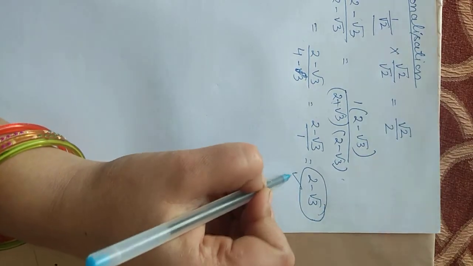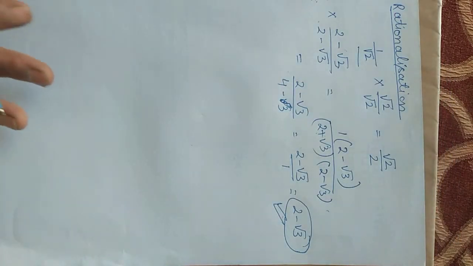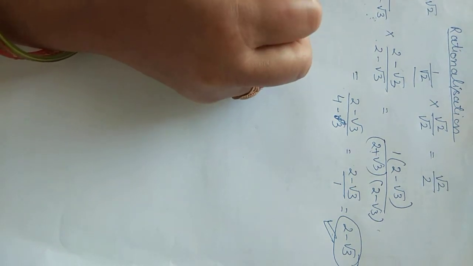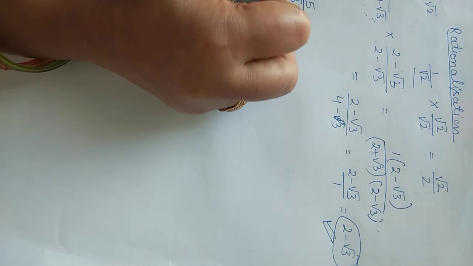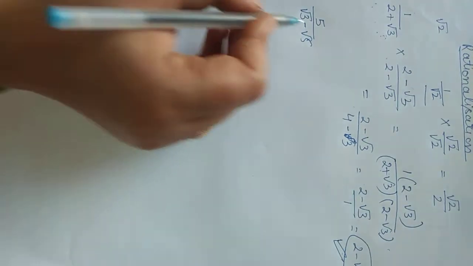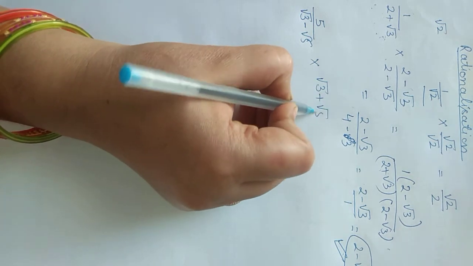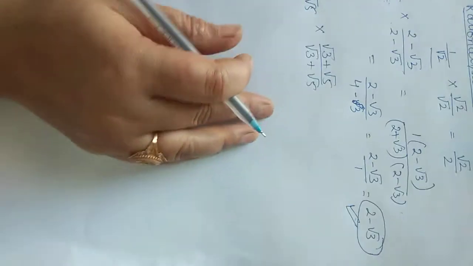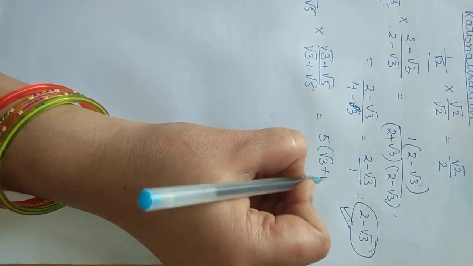It means we have to remove the root from the denominator. One more example I am showing you: 5 upon root 3 minus root 5. What I have told you: you have to multiply by changing the sign, so multiply by root 3 plus root 5.